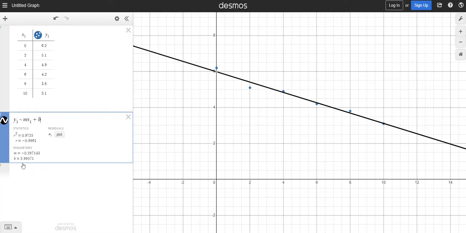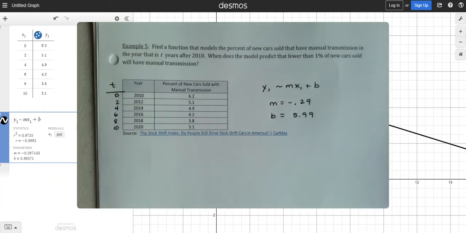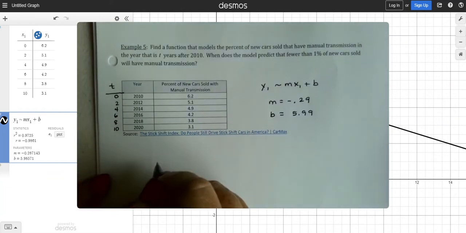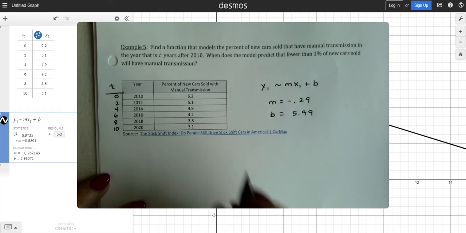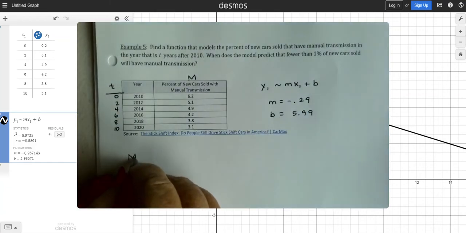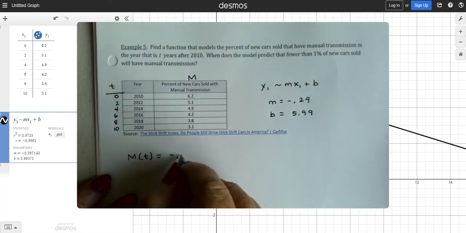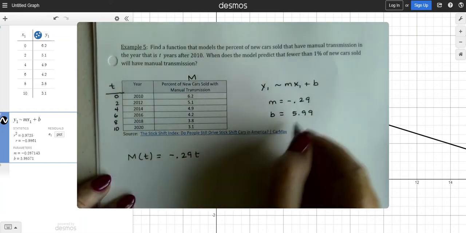And for the y-intercept, for the b, I'm going to go with 5.99. So I just jotted that information down here. And that means that, let's see, t was my time. Let's go with m for manual transmissions. I'd have m of t equaling negative 0.29t plus 5.99.